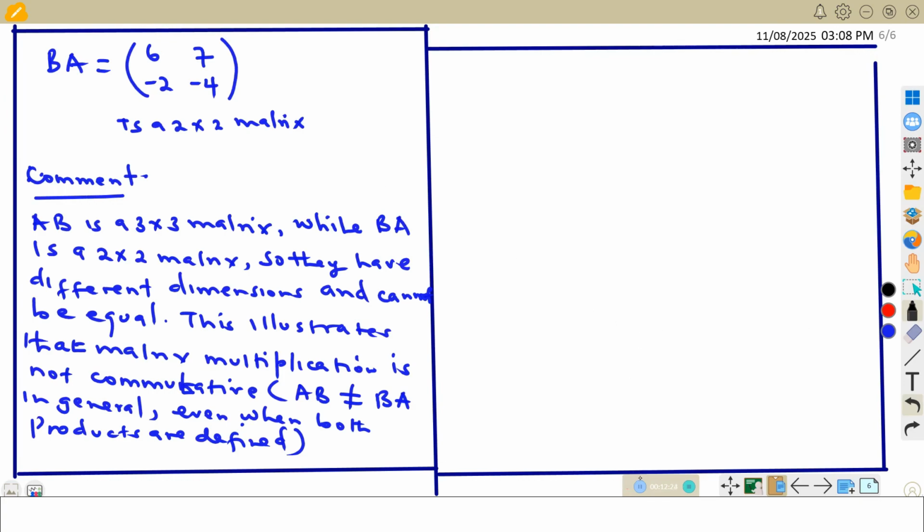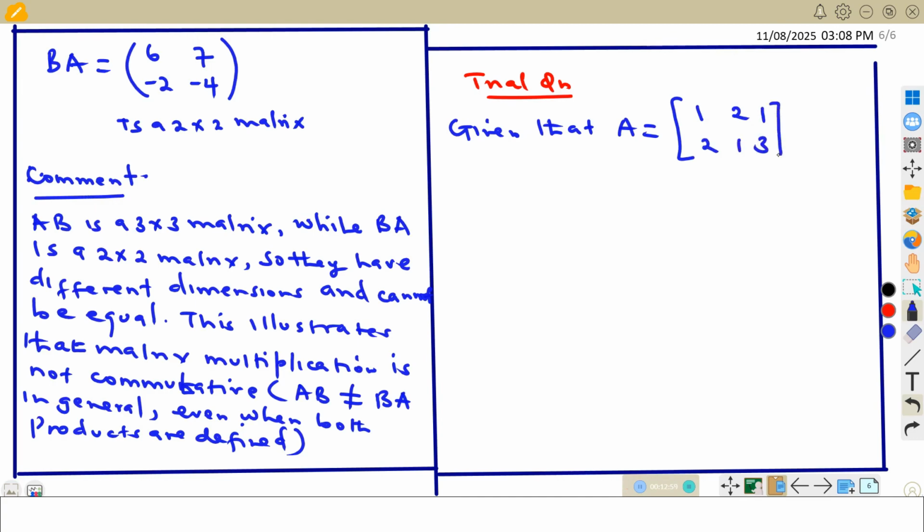For this same question, please try out this number here, and do the same as we have seen. The question says, given that A is the matrix 1, 2, 1, 2, 1, and 3, and B is the matrix 16, 15, 18, then 20, then 4 and 4.